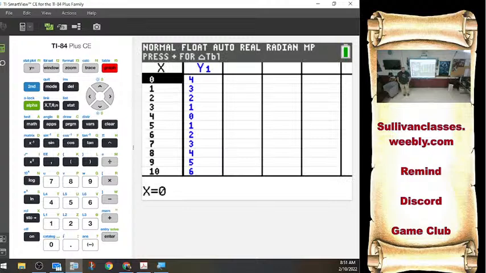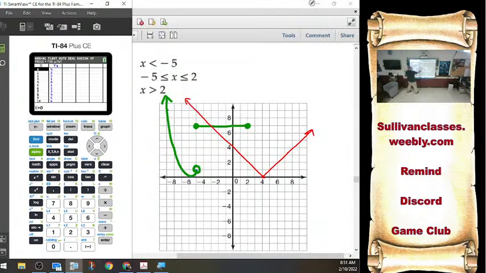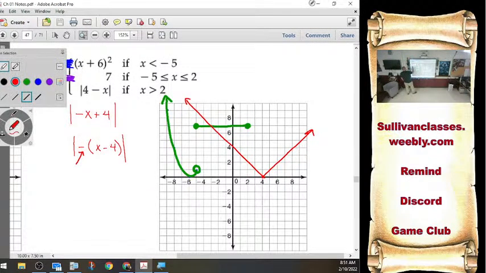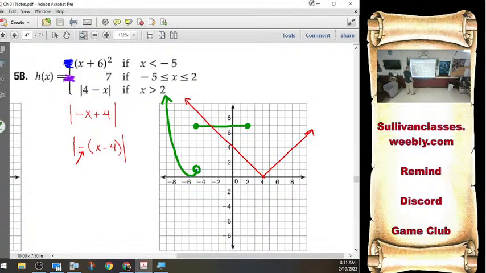There's nothing wrong with going back here and then plotting by points. Okay? Nothing wrong with that. Now, I don't want that entire blue V. I only care about that blue V from 2 onward. And there would be my graph.